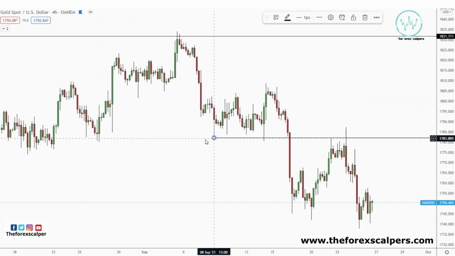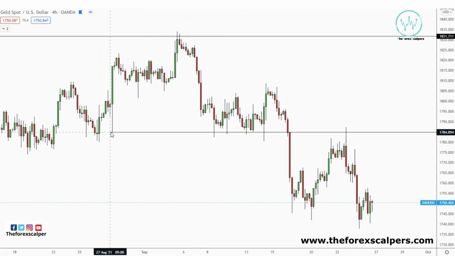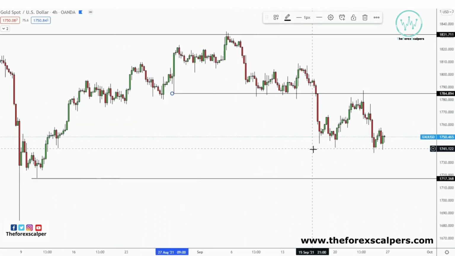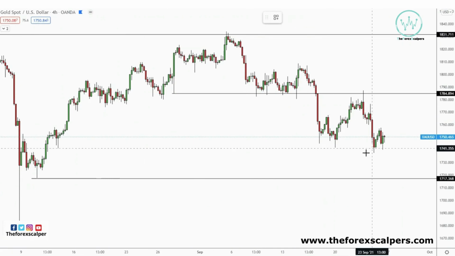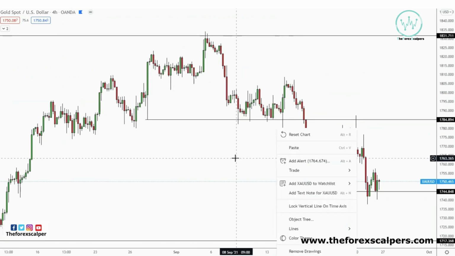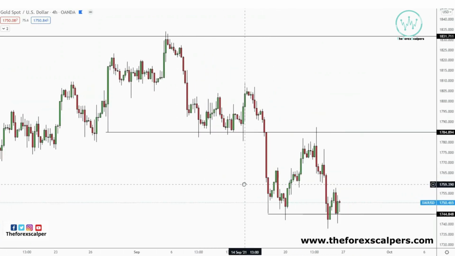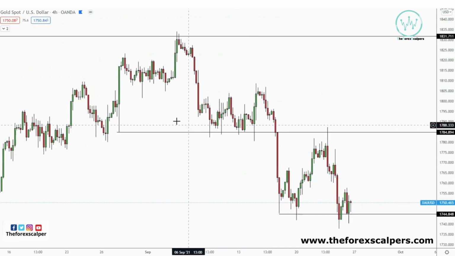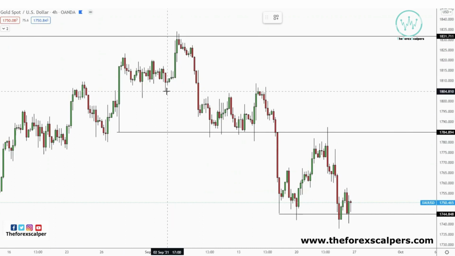If you take that low right here, and we can see a level right here. Just a few simple lines to get myself comfortable and make it easy to see how price is trading within those price ranges. Most of the time those levels are even round numbers.